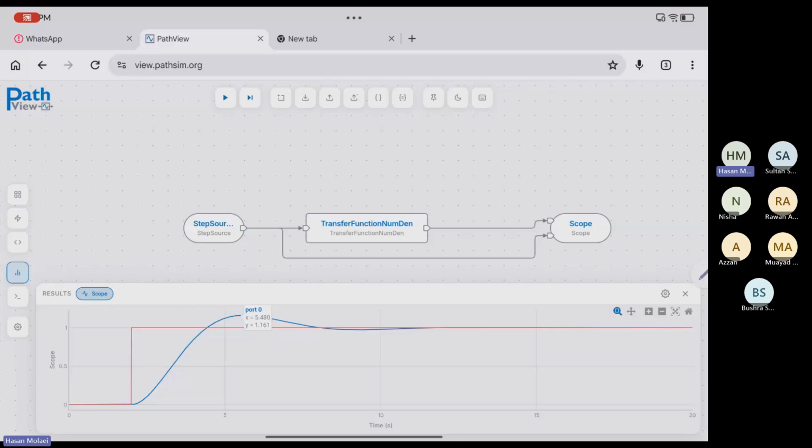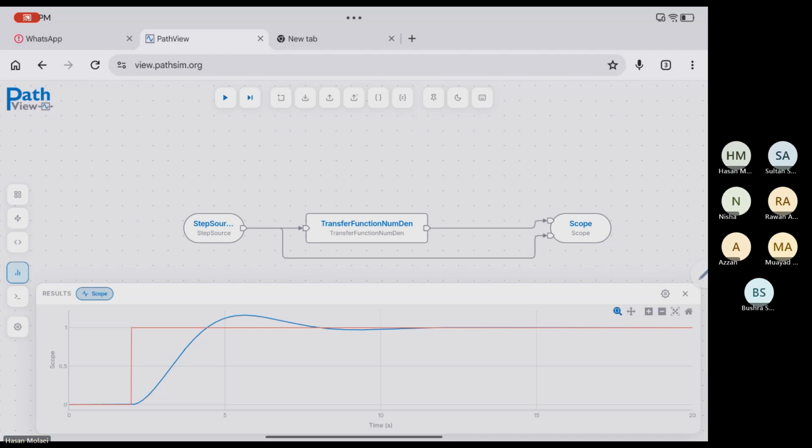And can you say at which time the peak should happen? Almost 5.5. Yeah.